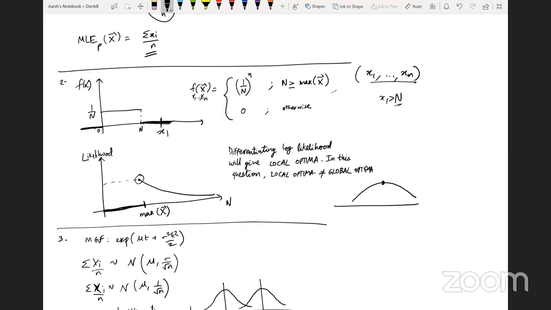But here, since the derivative is not 0 anywhere, we want to find the n which maximizes this, and that will be the smallest possible value of n with likelihood which is not 0. So it will be the maximum value observed. Given these samples, the MLE for n is the maximum among these values. So if you have, say, 10, 15, 13, then 15 is the MLE for capital N.